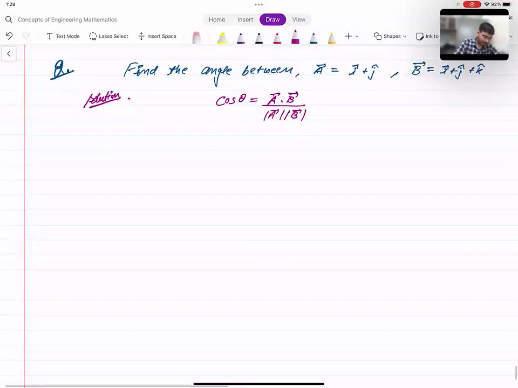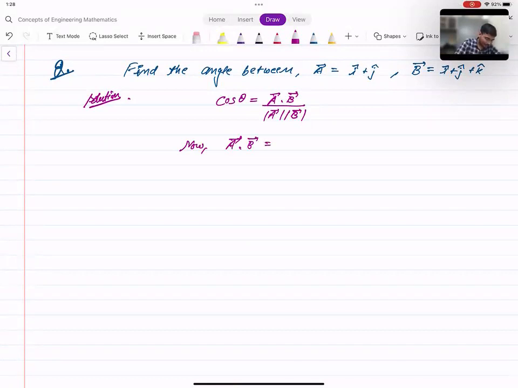Vector A dot vector B: we have seen that the respective components get multiplied, so AX is multiplied by BX, AY by BY, and AZ by BZ. Here AX is 1 and BX is also 1, so that gives 1.